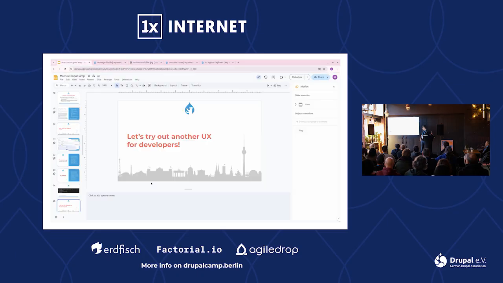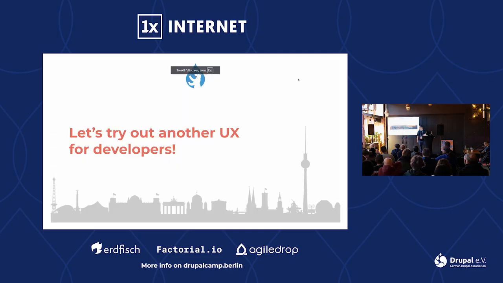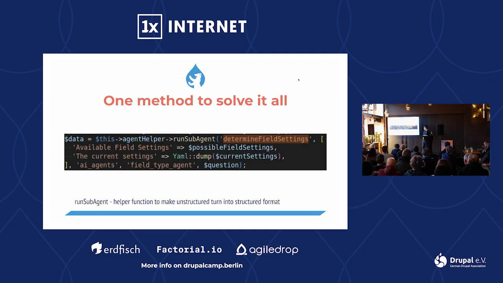So let's get back to this. If you want to create your own agent, it's actually not very complicated. There is one method that is really important, and this is this one.